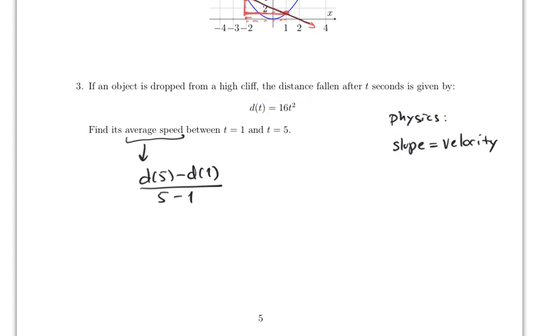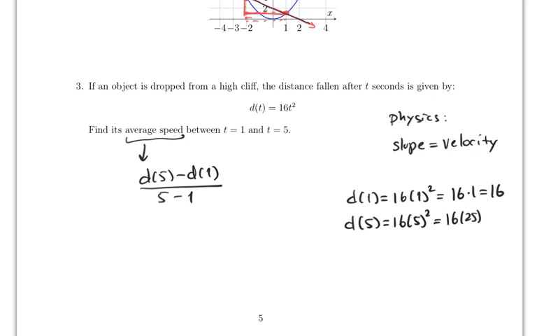Okay? So for this, you may need a calculator, but d of 1, let's do the easy one first. This will be 16 times 1 squared. So this is just 16 times 1, which is 16. But d of 5 will be 16 times 5 squared. This is 16 times 25, and this is 400. You should check those numbers later.